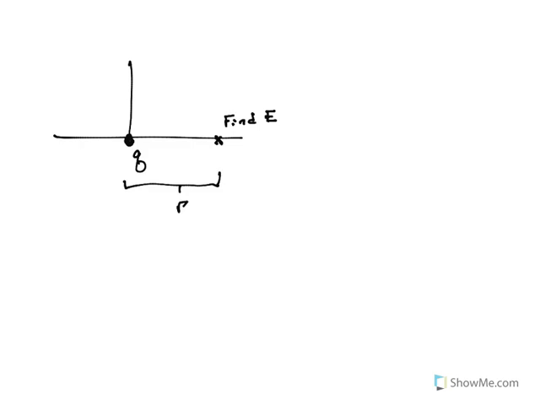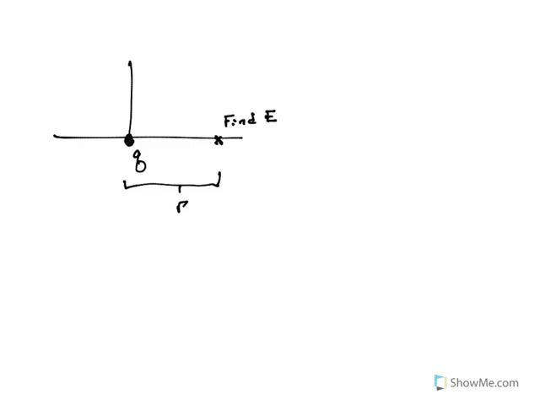Okay, once we understand what flux is, now let's look at this. If you remember, we said, okay, here's a coordinate system, and let's say we have a charge, Q, right there. And maybe I want to know, what is the electric field right here? Okay, so find E, the electric field, at this location, and I'll call that location some r distance away.